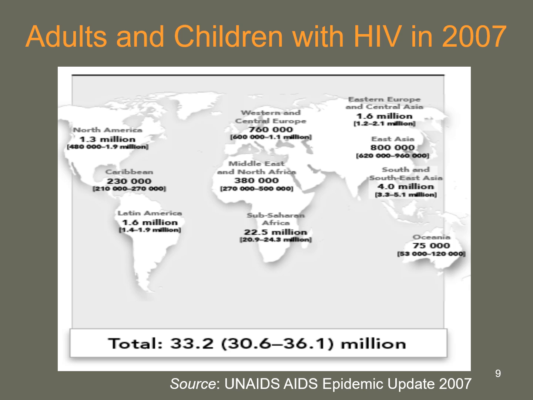And when you check in countries that belong to Sub-Saharan Africa, they record 22.5 million. So Sub-Saharan Africa records the highest infection, when you check what the statistics are telling us.